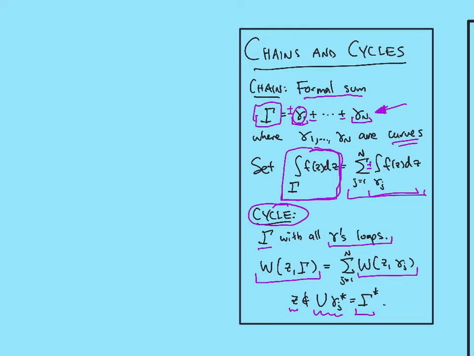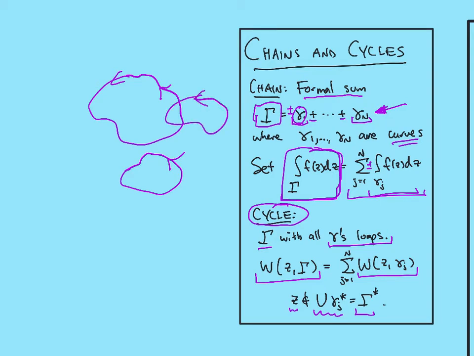So examples of chains and cycles: here's a loop, and I would just have some formal combination of these, which would be a cycle, and I can compute integrals over this and winding numbers.